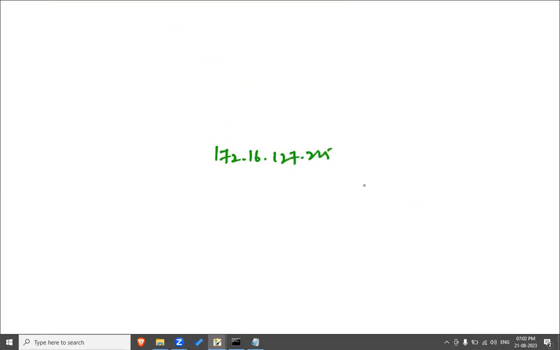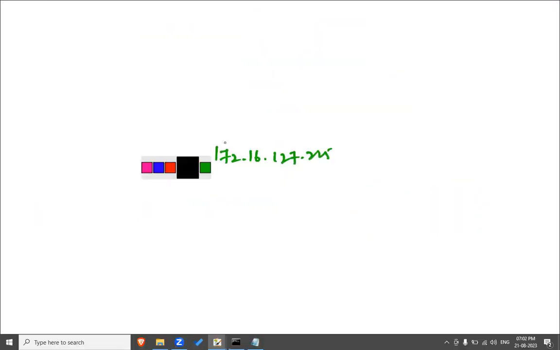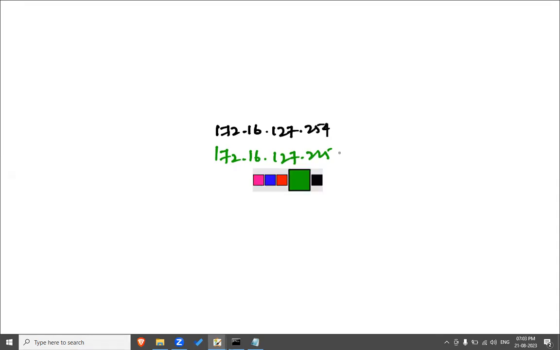That is the broadcast IP, right? Now, what is the previous IP to this? 172.16.127.254. Very good. Because the IP previous to 127.255 is 127.254, right?